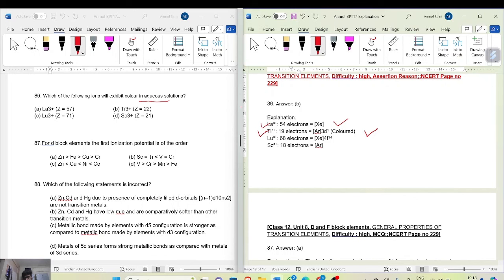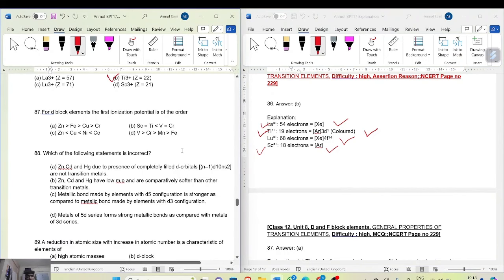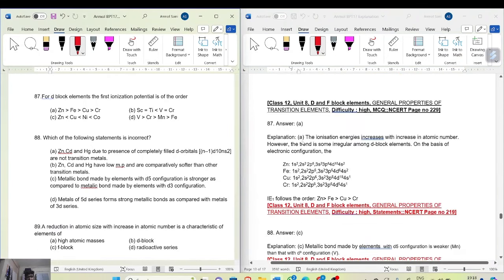Then we have Lu 3 plus, it has 68 electrons and a fully filled f orbital, so there is no unpaired electron, hence no color will be shown. Similarly, scandium 3 plus has 18 electrons, which is similar to argon, so no unpaired electrons means no color. So the correct answer will be titanium, option B.